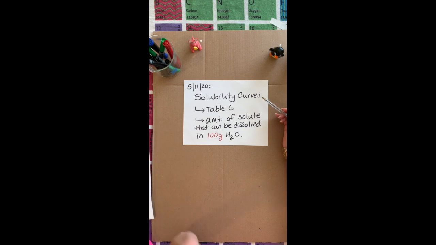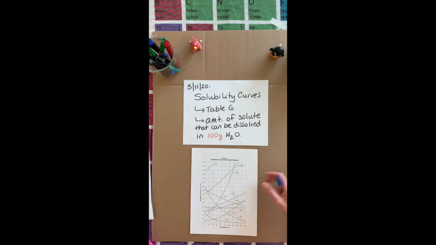Today is May 11th, and we are focusing on solubility curves, and you're going to need table G out. Please be aware that solubility curves demonstrate the amount of solute that can be dissolved in 100 grams of water.